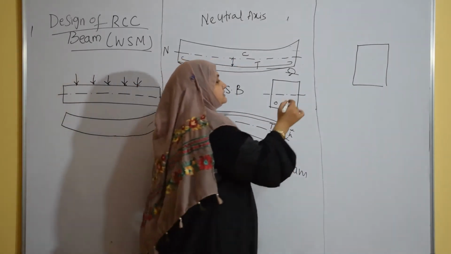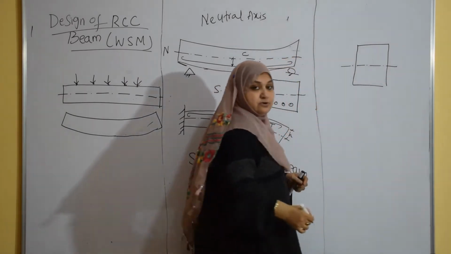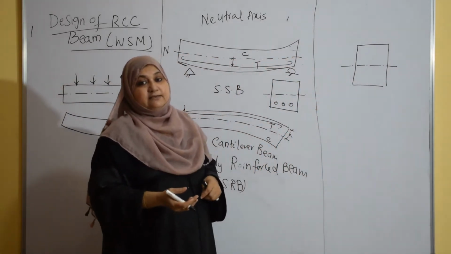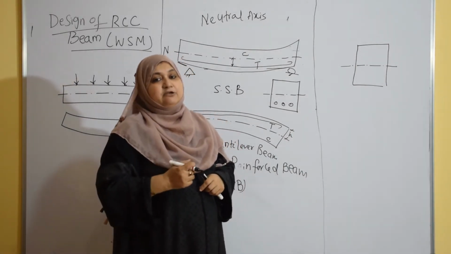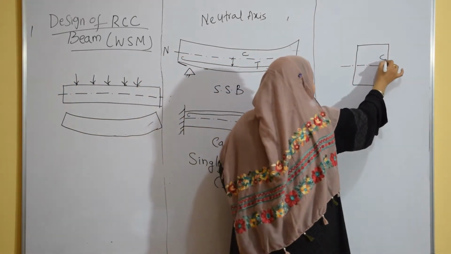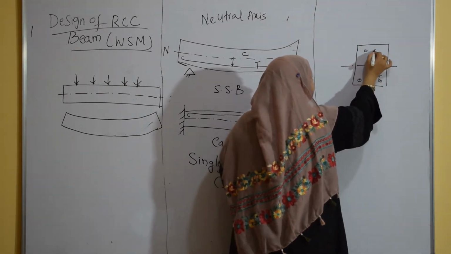Sometimes when the load is very heavy, if we go for the design, the depth of the section will come out very big. In such cases, to restrict the depth, we provide steel in the compression zone also to take up the compression stresses.